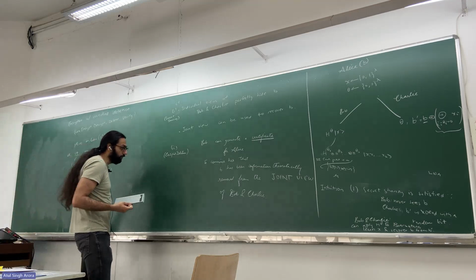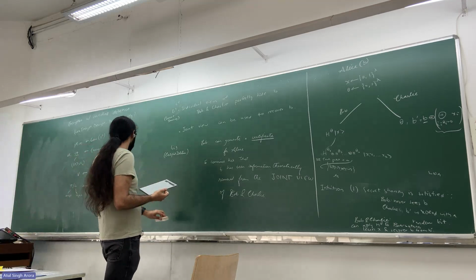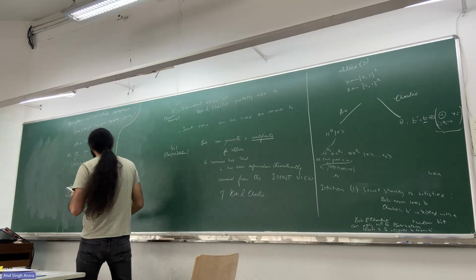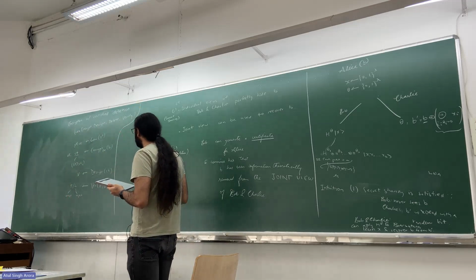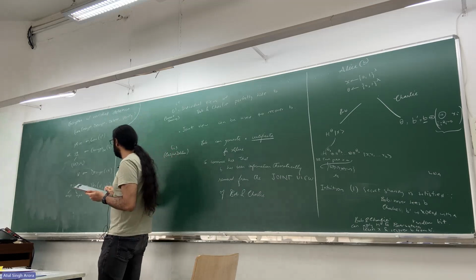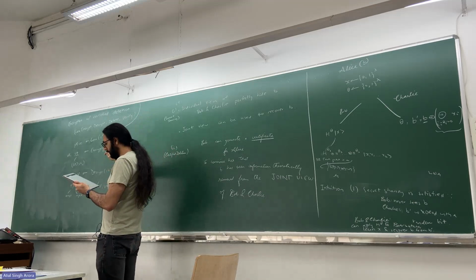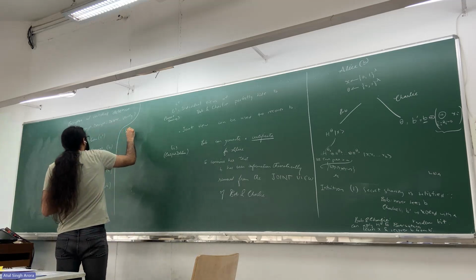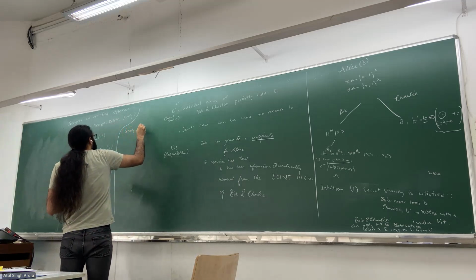Okay, good. Since not all of you have a background in crypto, let me say a little bit about how you formalize security. First, I need to tell you security for what: security of the encryption scheme.